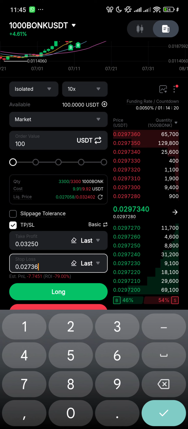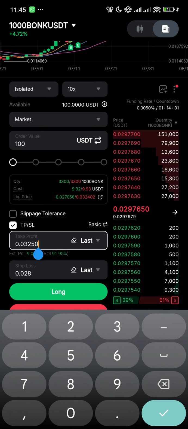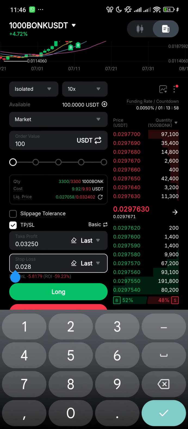It's more like I'm just playing in the street, right? So it's always best you enter at the optimal price entry, because now our stop loss is far. For me to enjoy this trade, I will need to increase my stop loss to like 2.8. If I increase to 2.8, you can see I'm only risking $5 to earn $9.